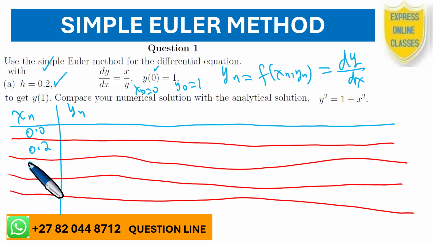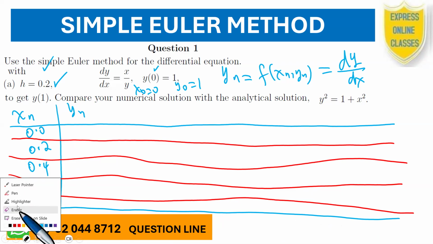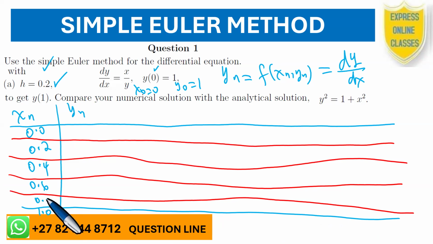Add 0.2, we get 0.4. Add another 0.2, we get 0.6. Add 0.2, we get 0.8, and then 1.0.